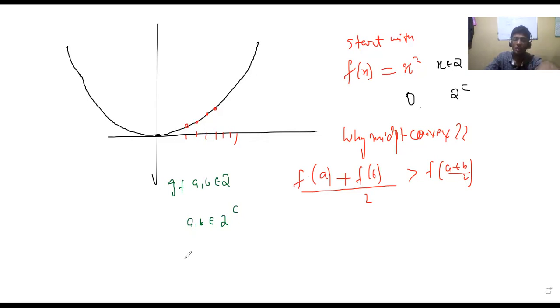No, that's where it doesn't work, right? If both of them are in Q complement, then does it work? No, that doesn't work, right? Because it's a big mess. Yeah, it doesn't work. That's the problem.